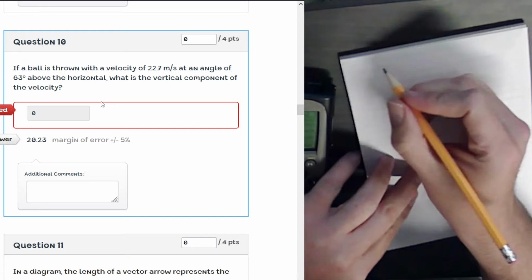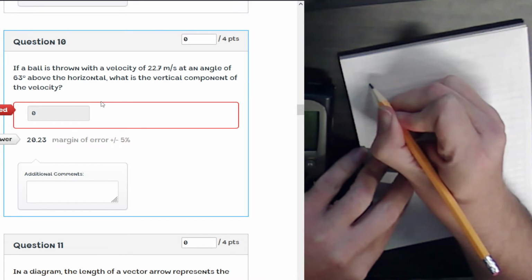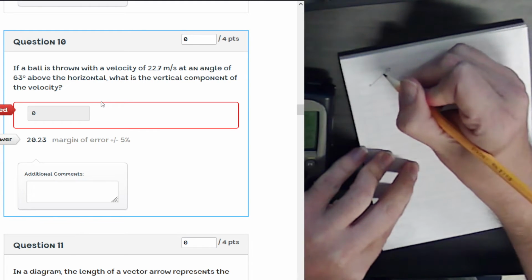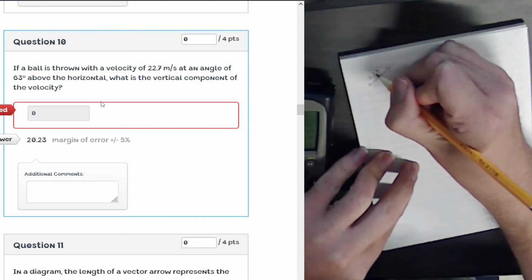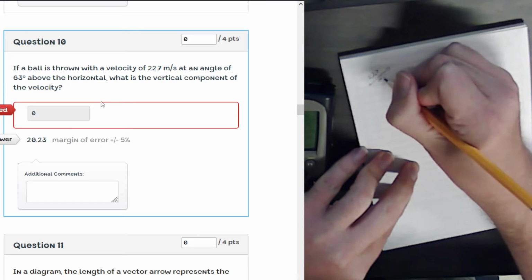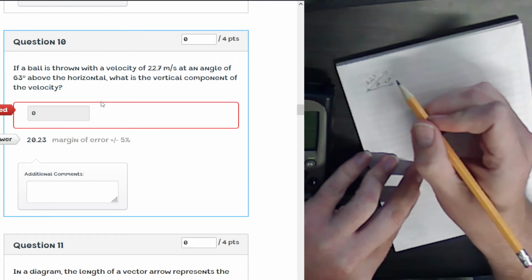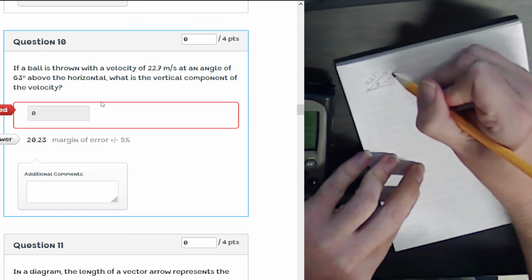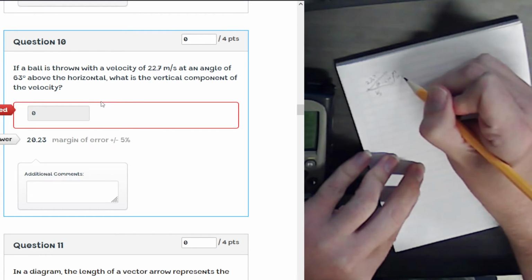So number 10 says, you have a ball thrown with a velocity of 22.7 at an angle of 63 degrees. Okay, what's the vertical component of the velocity? So we have Vx and Vy.